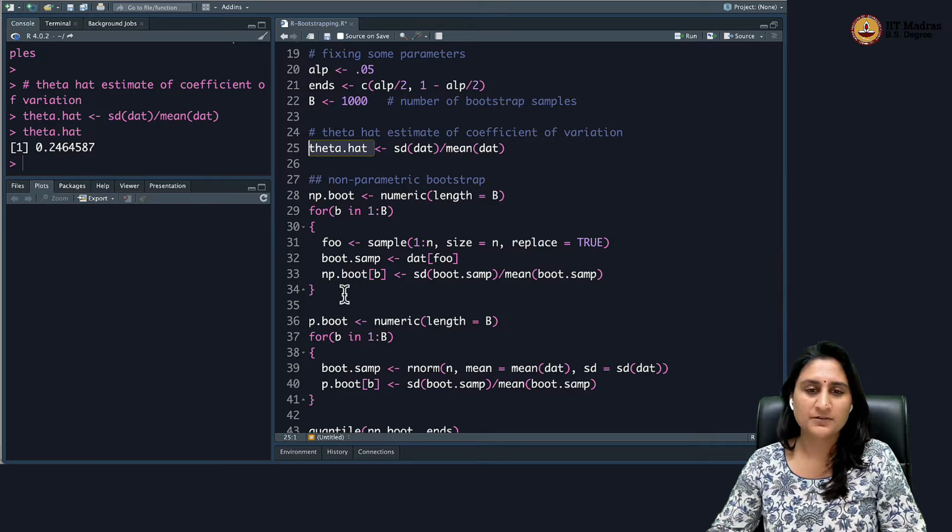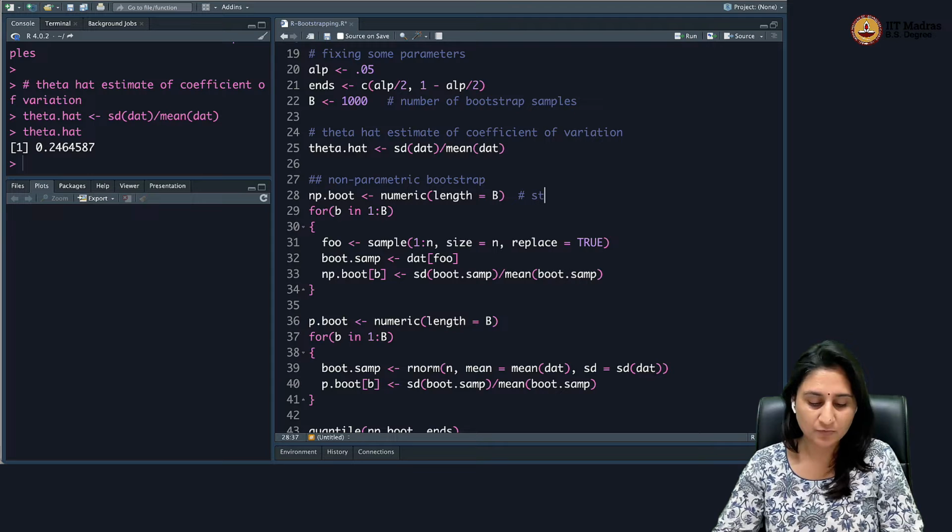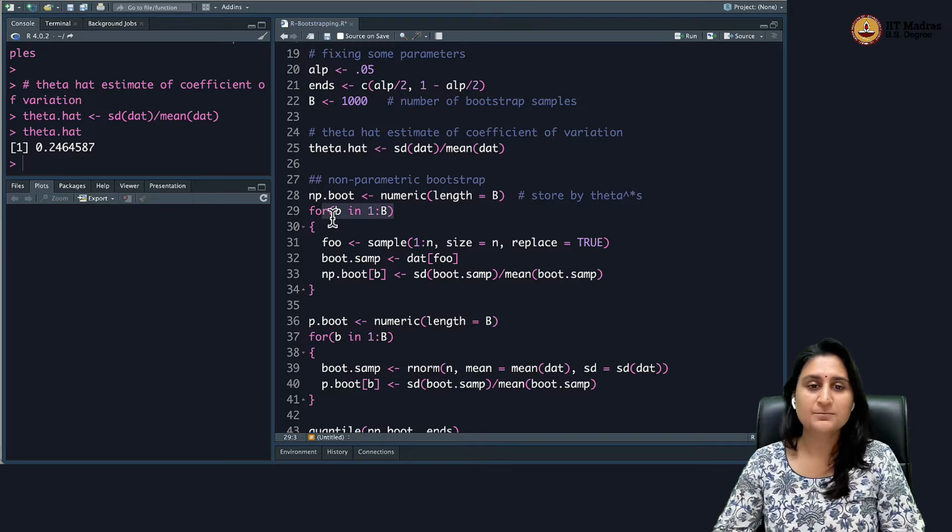To do non-parametric bootstrap, I create a vector np.boot, and this is going to store my theta stars. For each value small b in 1 through capital B, in a for loop, I sample indices 1 through n of size n, but sample them with replacement. That is the indices of the resampled data points.